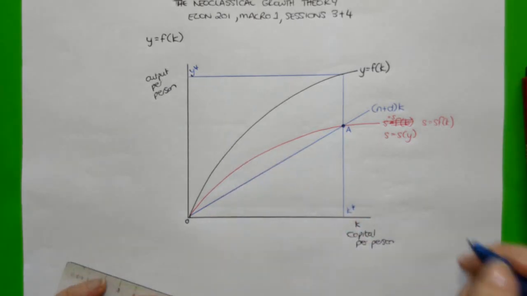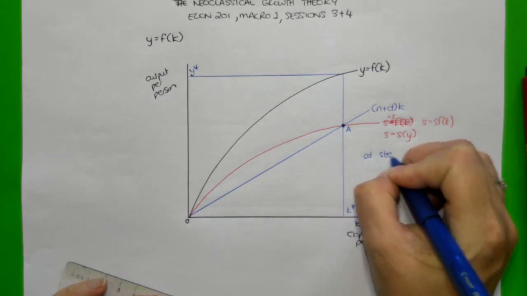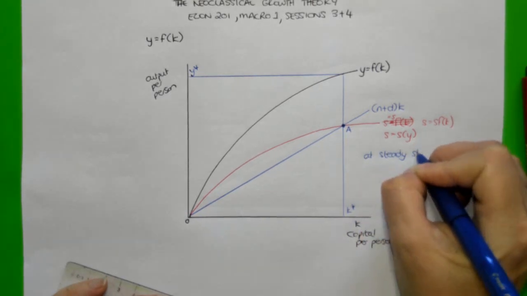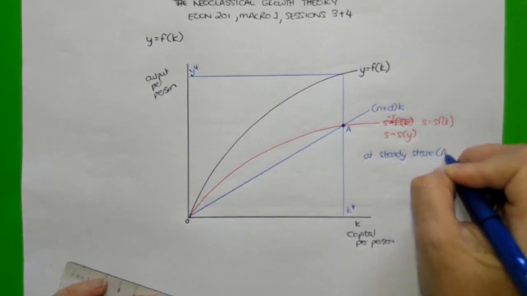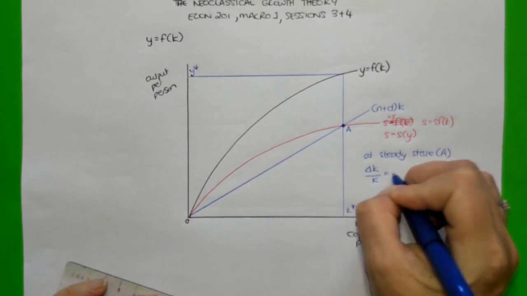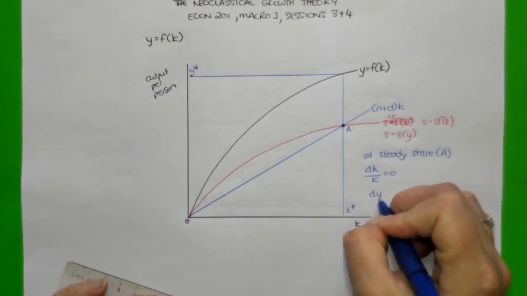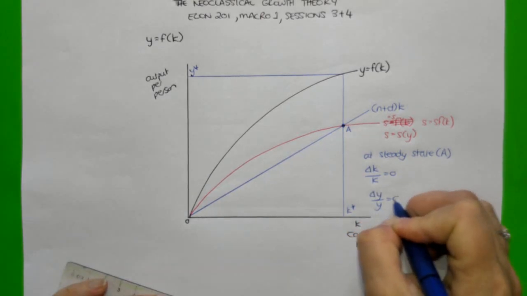What does it mean when we say constant? Well, we mean that at steady state, which here I've labeled A, there is no change in the capital to labor ratio. Capital per person is constant. And similarly, there is no change in output per person.